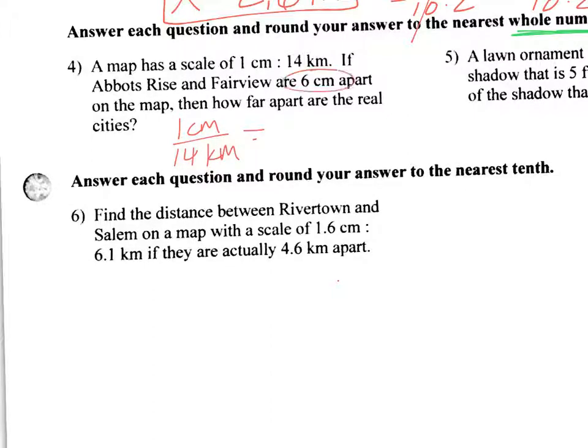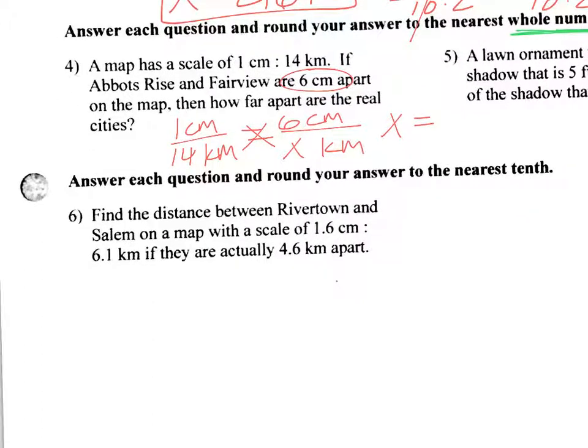We have 6 centimeters. We want to know how far apart the two cities are for real, so x kilometers. That's just going to be x is 6 times 14 is 84. So it would be 84 kilometers.